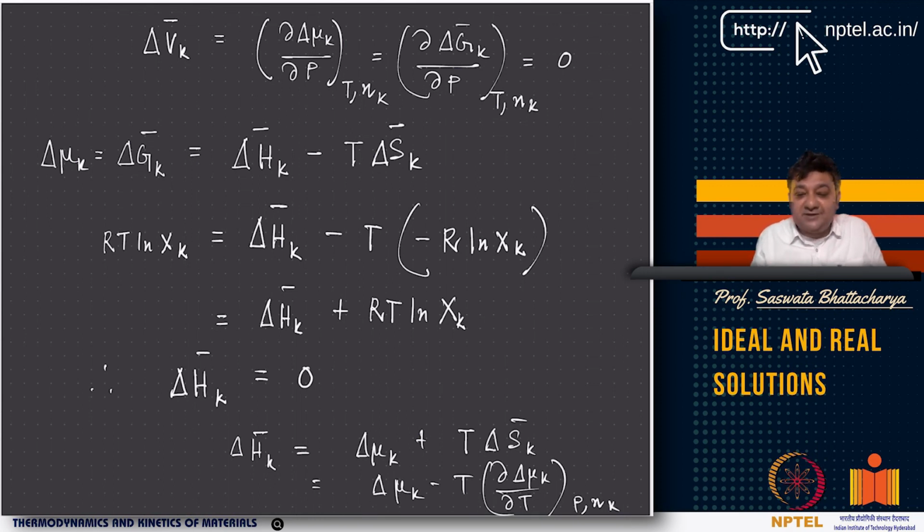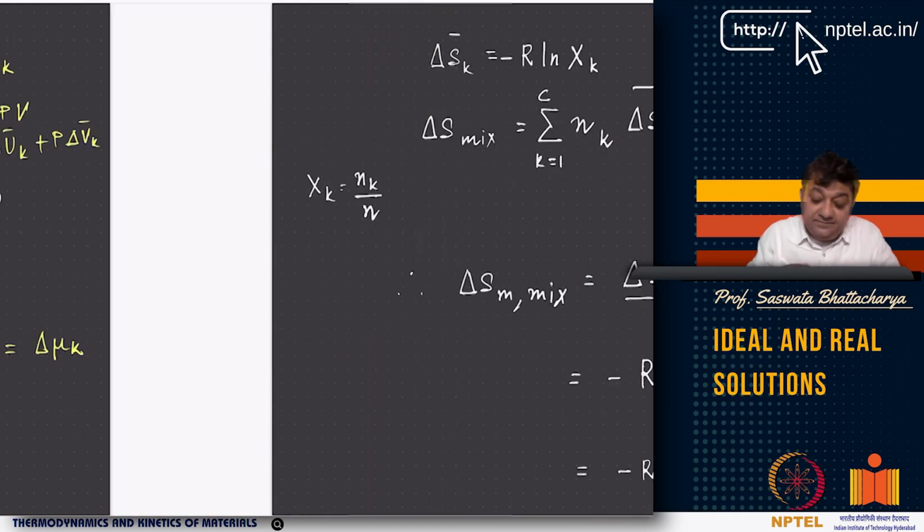These partial molar properties, but you can estimate them once you know the change in chemical potential of component K due to mixing. Once I know that, for this ideal mixture or ideal gas mixture or ideal solution, where there is no interaction between atoms, I could actually get all these indirectly measurable quantities. So that's the idea.